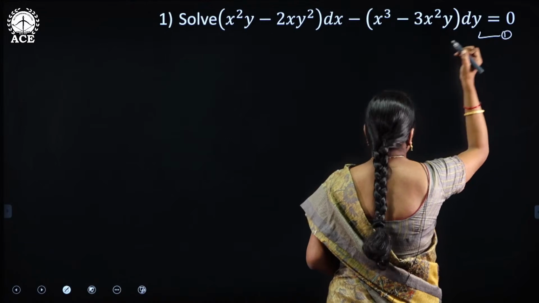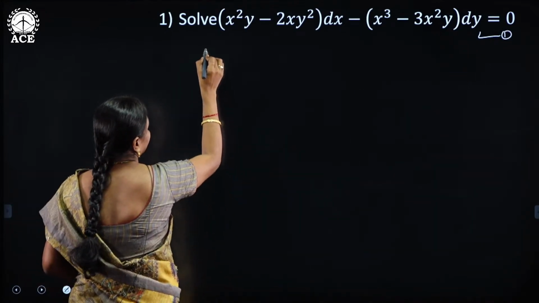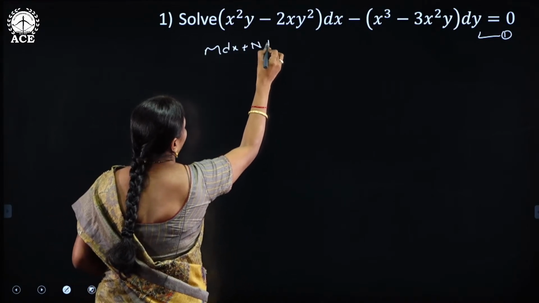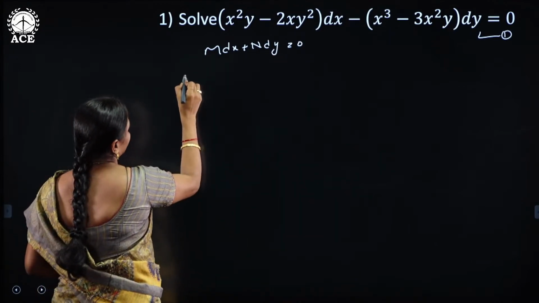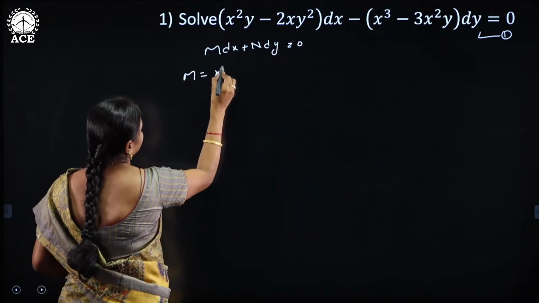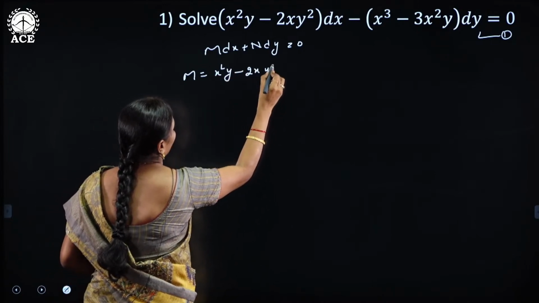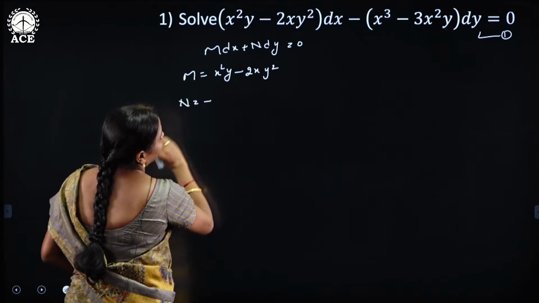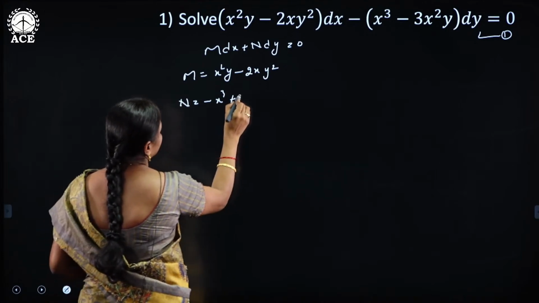Consider it as equation 1, and the standard form is M dx plus N dy equal to 0. Compare the terms here. M is equal to x square y minus 2x y square, and N is equal to minus x cube plus 3x square y.